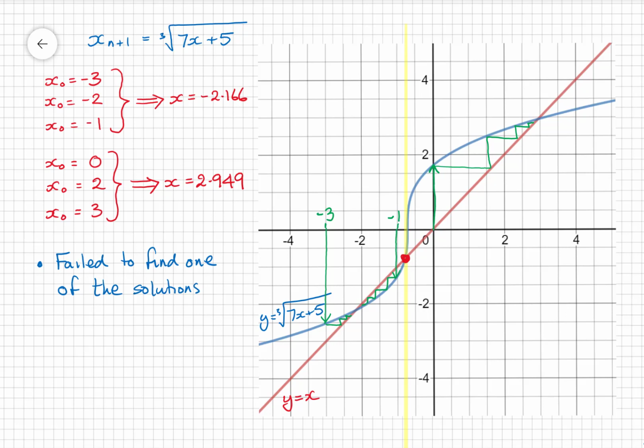And once again we can point to the reason for the failure to find that middle solution, -0.783: it is because the gradient of the curve at that point is greater than 1, whereas this arrangement found the two outer solutions because in both instances there the gradient of the curve is less than 1.